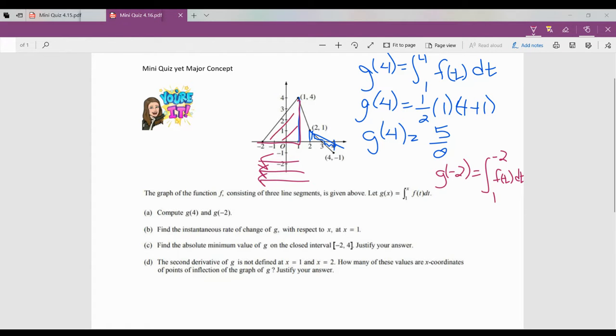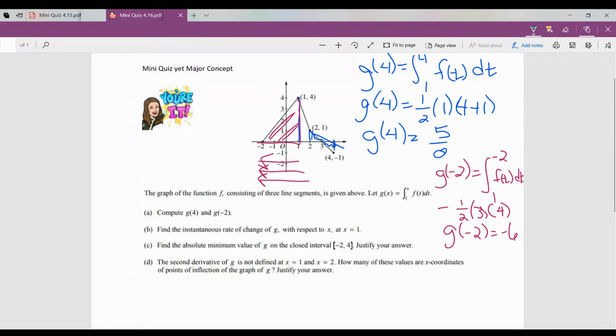So although the area is above the x-axis, because we're going in the opposite direction, it's going to be negative, and then 1/2 base times height. So my base is going to be 3, and my height is going to be 4. So g of negative 2 equals negative 6.